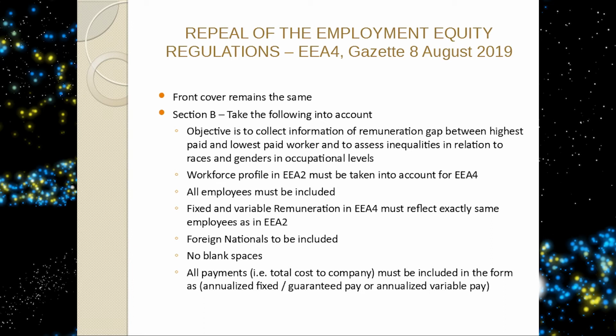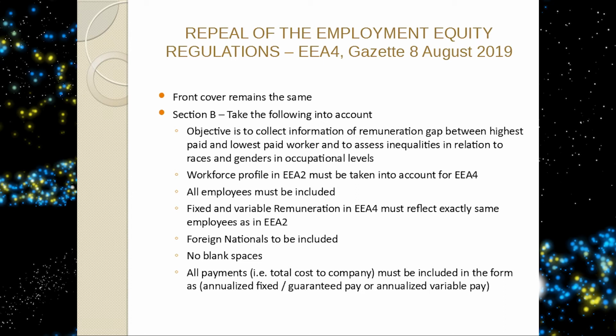Then the horizontal gap to assess inequalities in relation to race and genders in the occupational levels, being the following. Let's look at inequalities in middle management between races and genders, African, Indian, colored, and white males and females. Let's look at possible inequalities in junior management between African, Indian, colored, and white males and females.